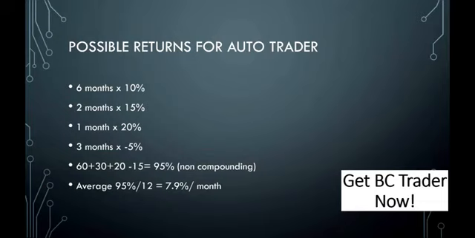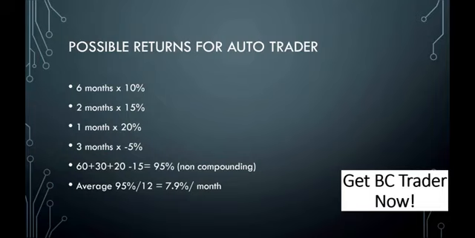Okay, so let's say 6 months, the average is about 10%. So you make 10% on average. 2 months, it's done really well, so it went up to 15%. 1 month, it hit Russ Medlin's conservative target of 20%. And 3 months, I'm going to say that it actually lost money. According to information that I have gotten, the auto trader has not lost money yet.